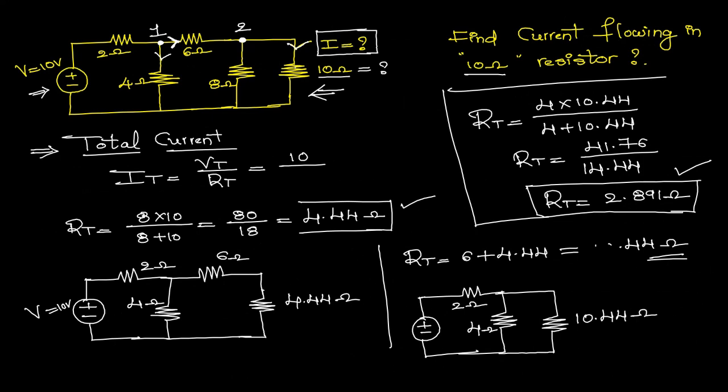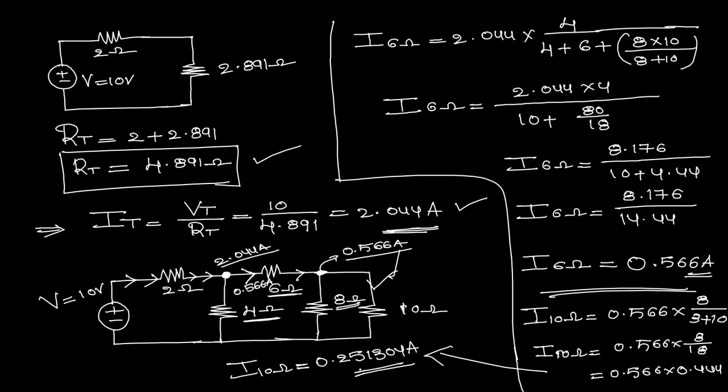So this is the final response of the current flowing through the 10 ohms, which is asked in the problem. So 0.251304 ampere of current is flowing through this path.